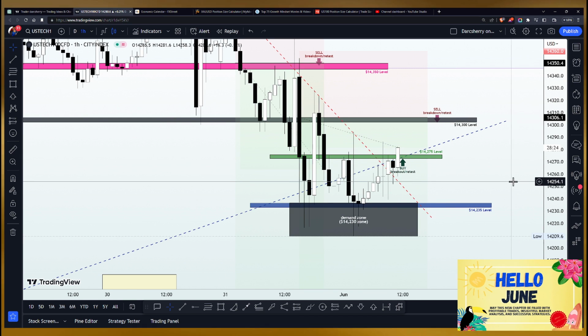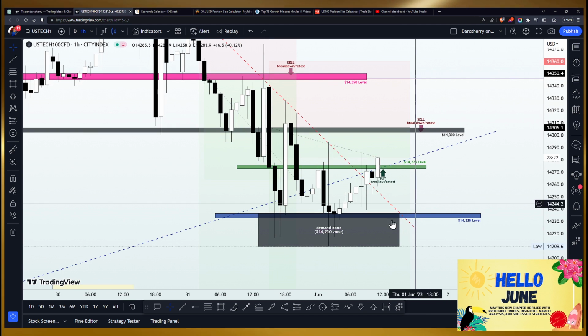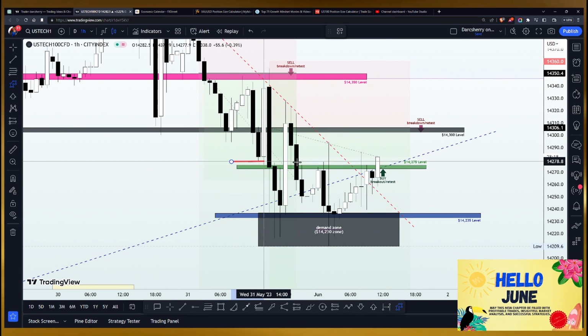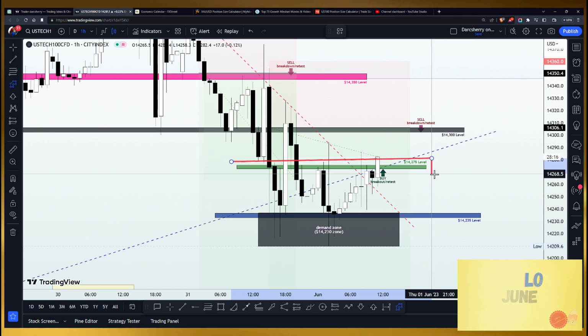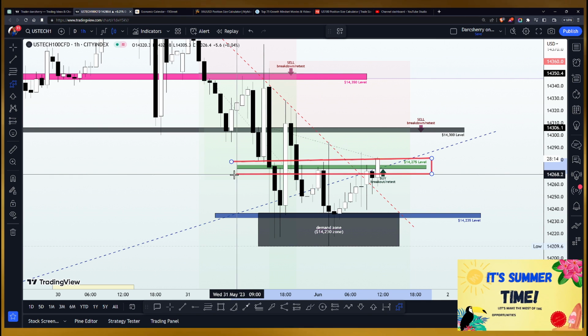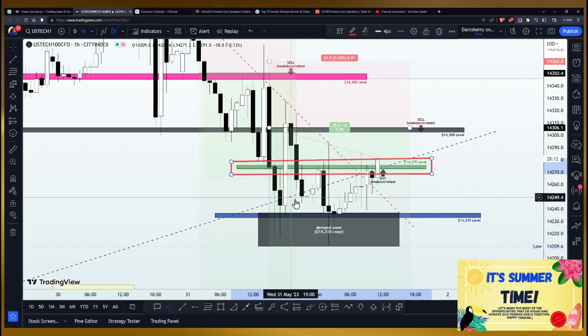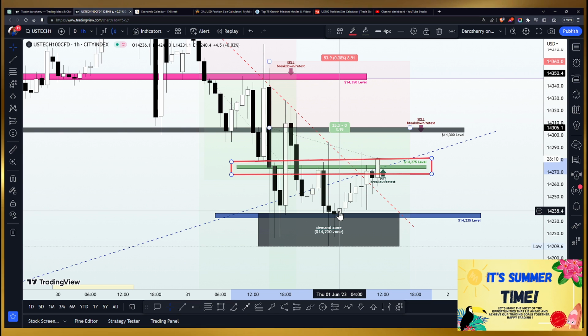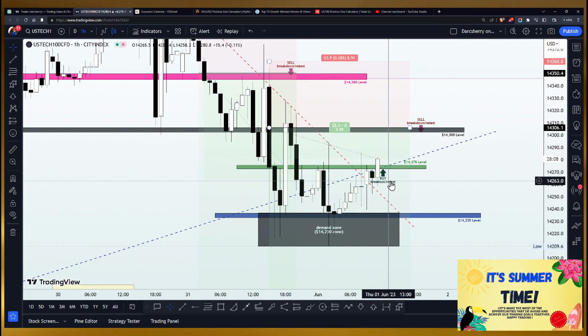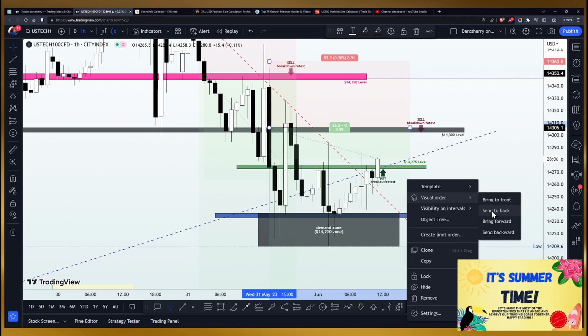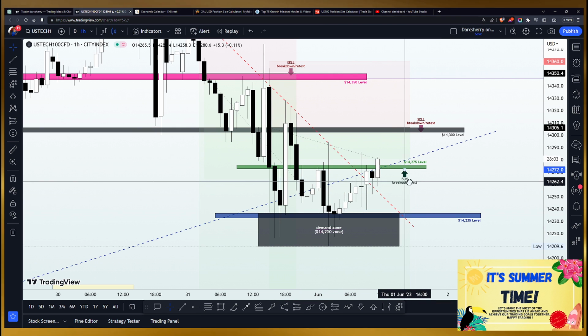Now, I also identified a key level at the 14,275, which is right here, which has also been a major determinant of price action since the early hours of today. So I want to see price action break out of that structure, do a couple of retests if possible, for me to start thinking of buying at this point.